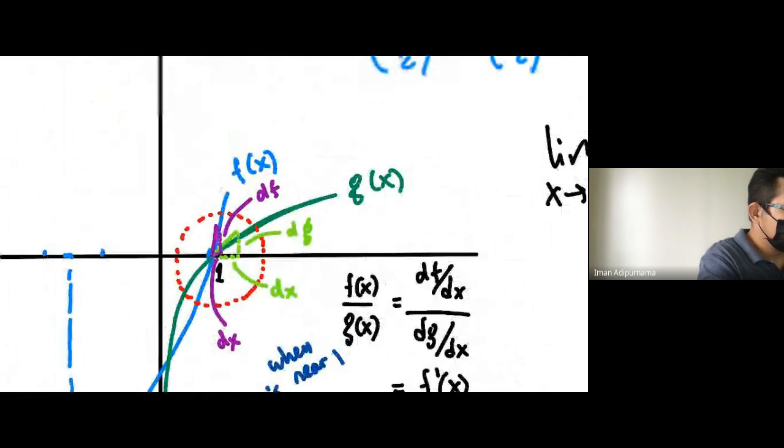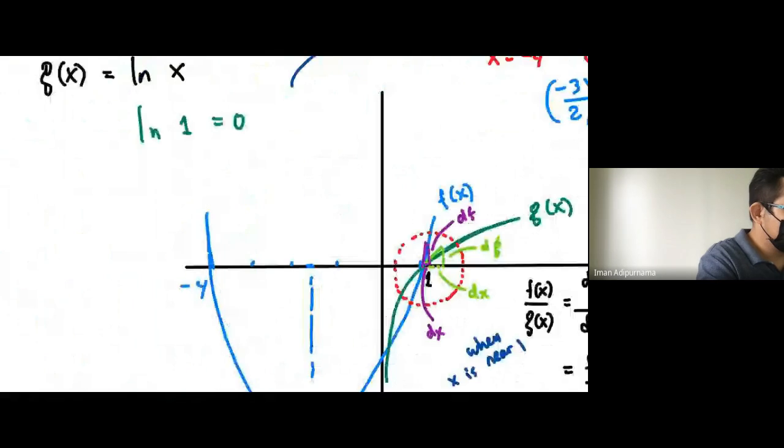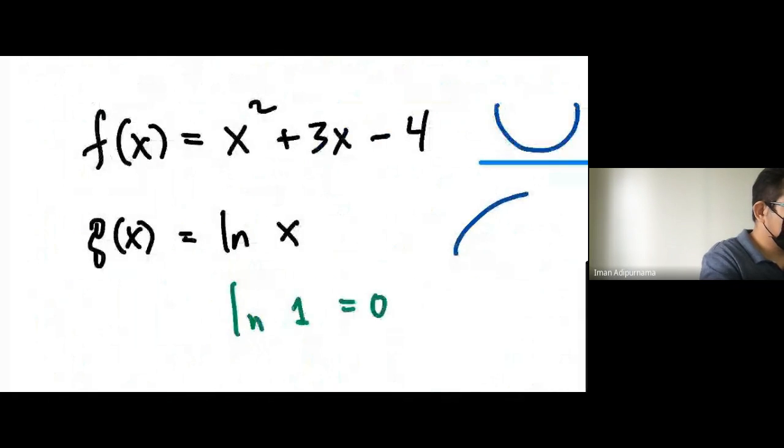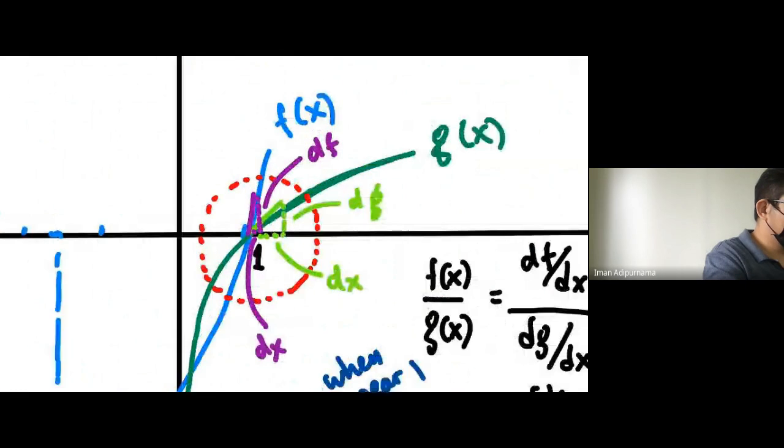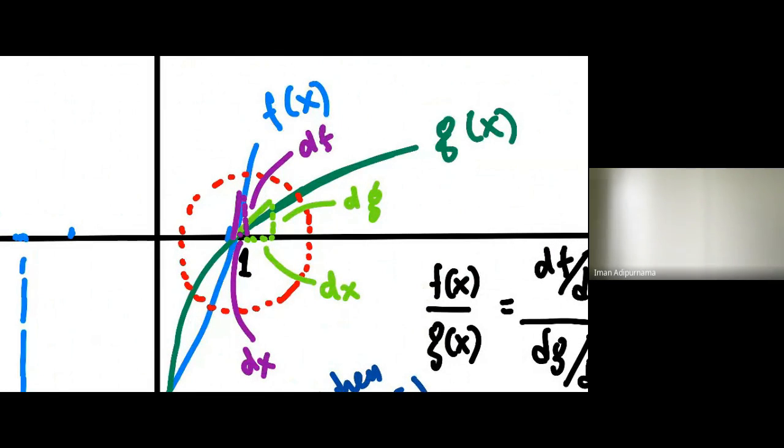If you look at the point here, when you have 1, this is 0. When you have 1, this is also 0. So both are going to have 0 results, and in this f over g, it will be a 0 over 0.